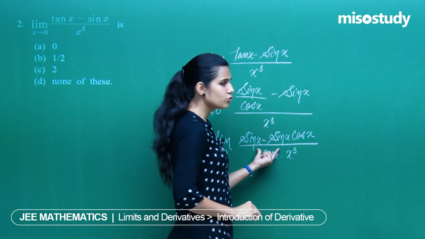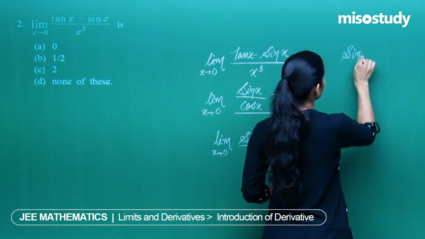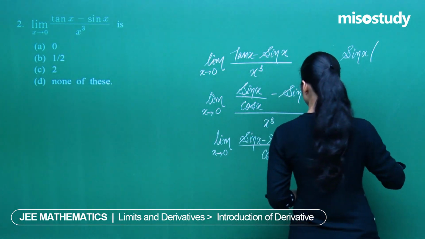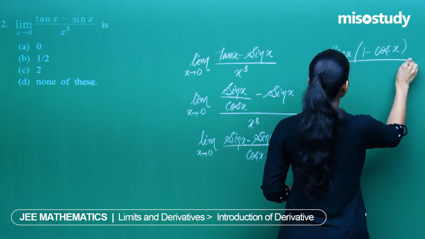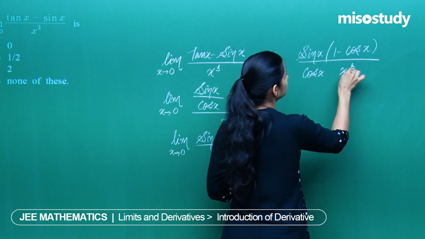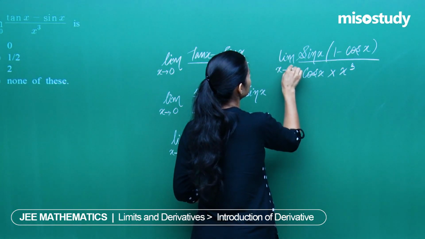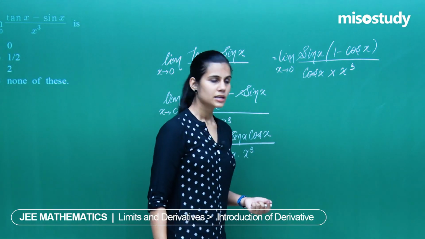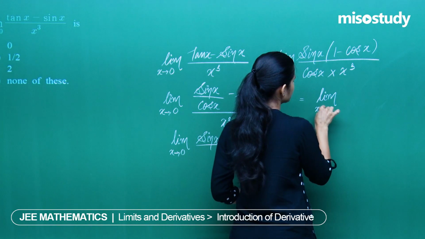Next step, you can see from the numerator I can extract out sin x common. So, I get sin x common and inside I have 1 minus cos x, and in the denominator I have cos x into x cube. And clearly this is limit x tends to 0. Now what I do is I basically distribute this limit to simplify my expression.